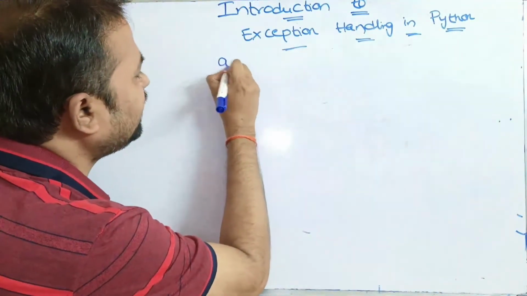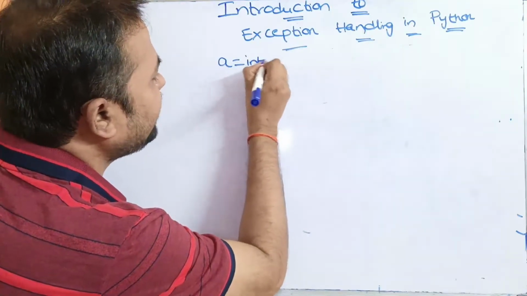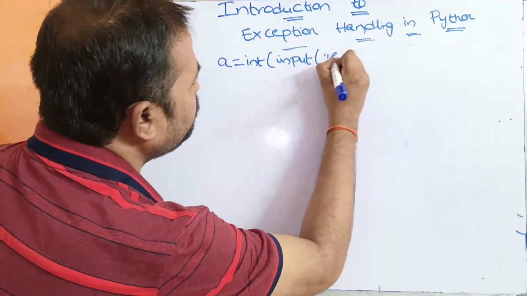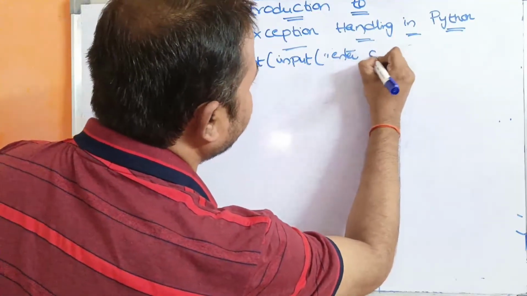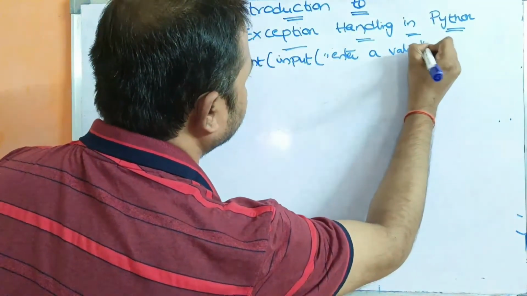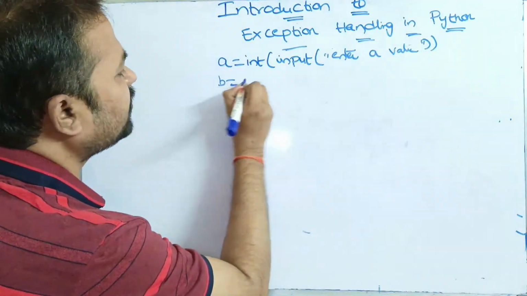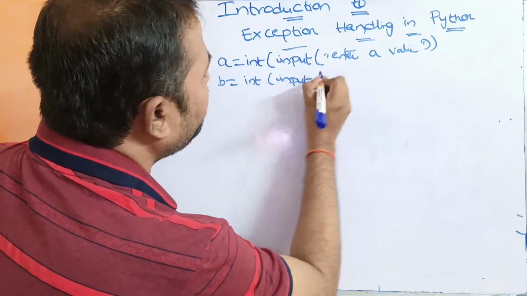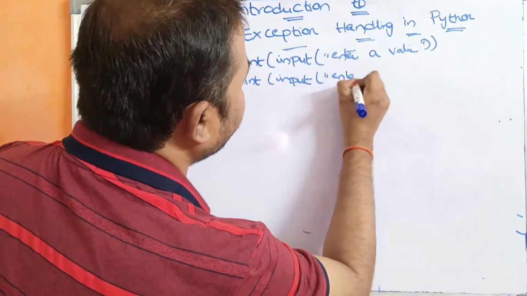First, let us read two numbers from the keyboard. So a is equal to int of input of, enter a value. Let us read the second number from the keyboard. b is equal to int of input of, enter b value.